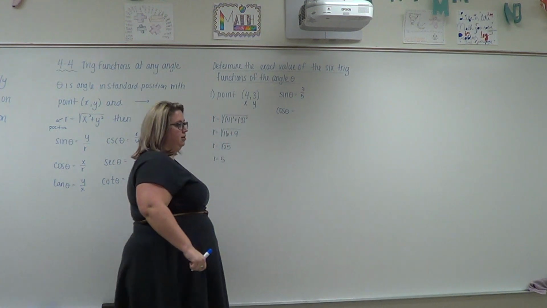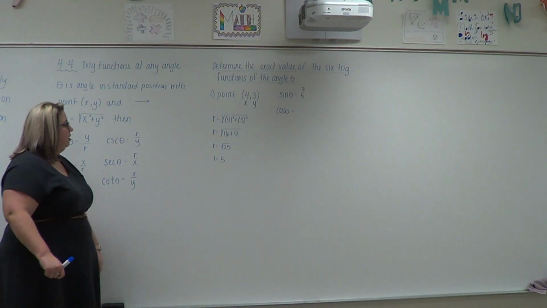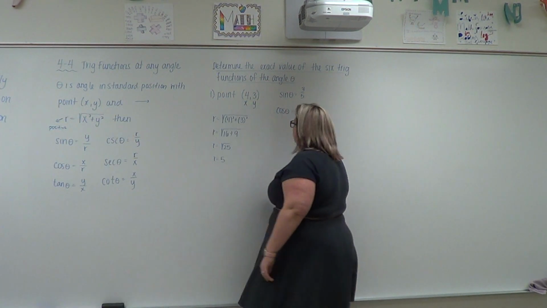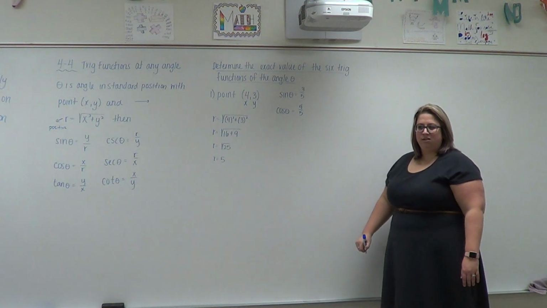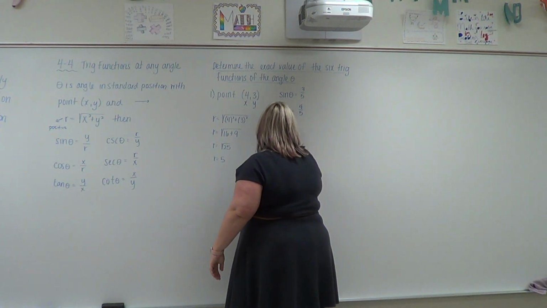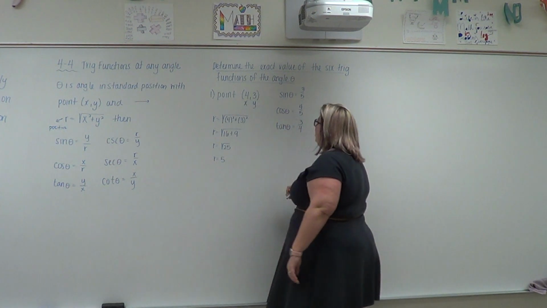Okay, cosine. Cosine is equal to x over r. So 4 over 5. Good. Does this make sense? Yeah, okay. What about tangent? Good. Tangent's y over x, so 3 over 4.